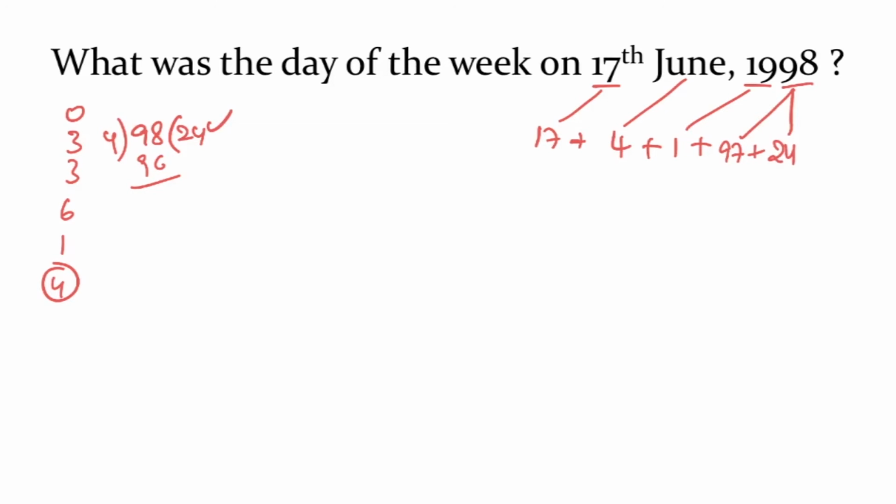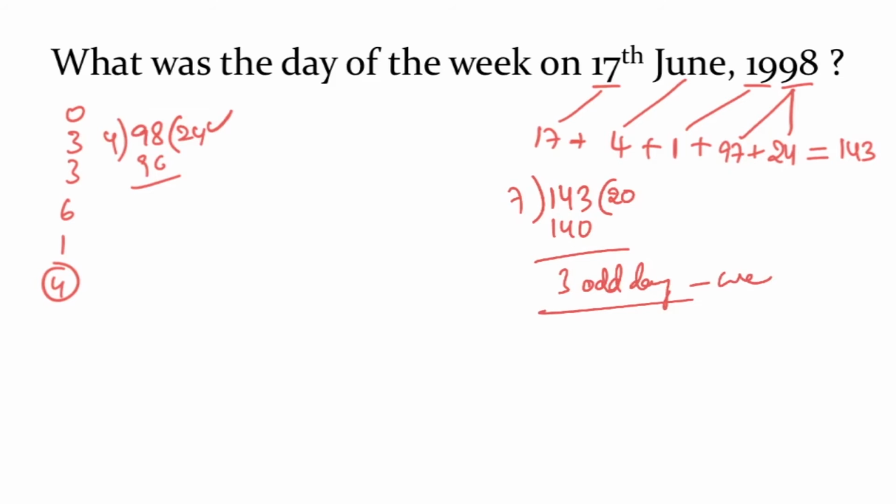So together 17 plus 4, 21 plus 1, 22, 22 plus 97, 119, 119 plus 24, 143. 143 divided by 7, 7 20s are 140, 3 days left, and third odd day is Wednesday.